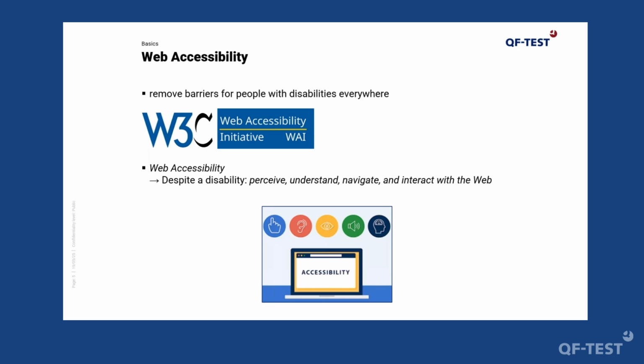So accessibility today also includes web accessibility. The W3C, the World Wide Web Consortium, defines web accessibility this way. They say, despite a disability, everyone should be able to perceive, understand, navigate, and interact with the web.